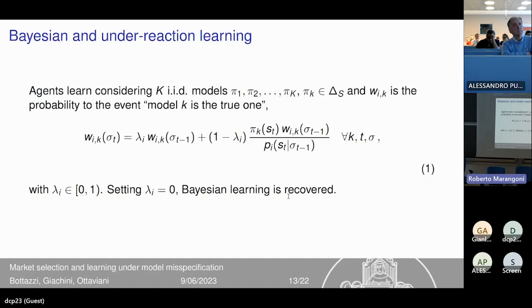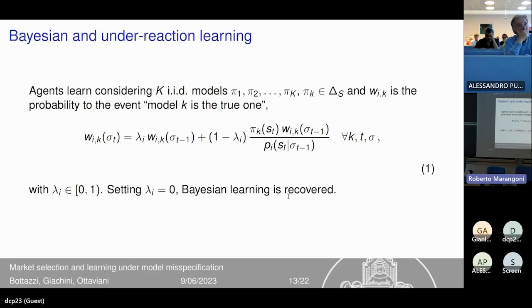Okay, very good. So until now, this is a theoretical framework. Now horse race. I'm going to consider different models and compare their performance. This is the exercise in a framework of misspecified models. The first class of learning process that I use is called under-reaction learning, and that essentially extends the idea of Bayesian learning.